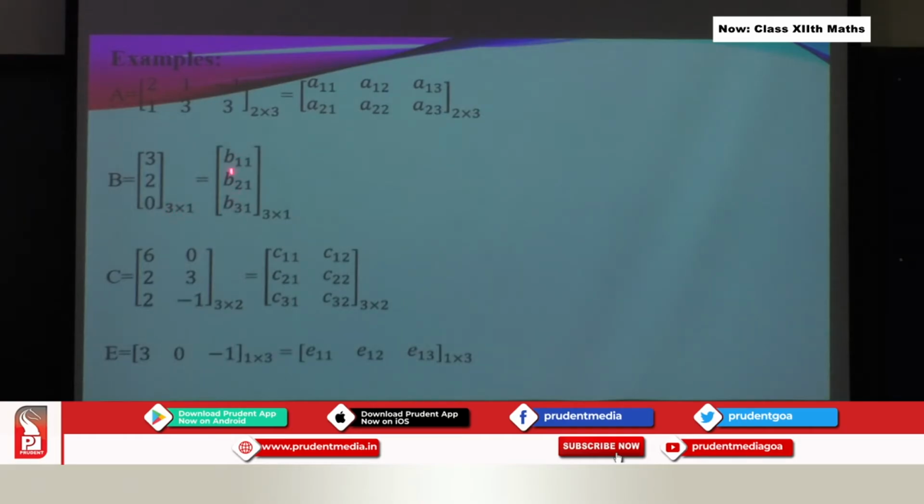Now look at the corresponding entries here. This is the place of this 3. The 3 is at what place? B11. Now 2 is at what place? B21. Now 0 is at what place? B31. So 31 signifies third row and first column.